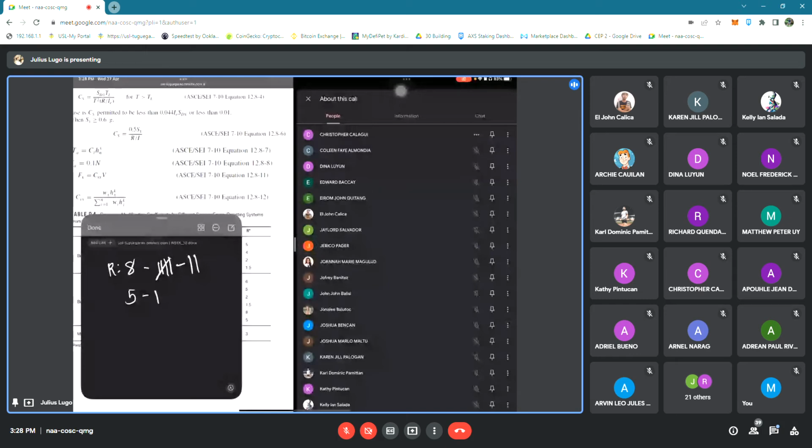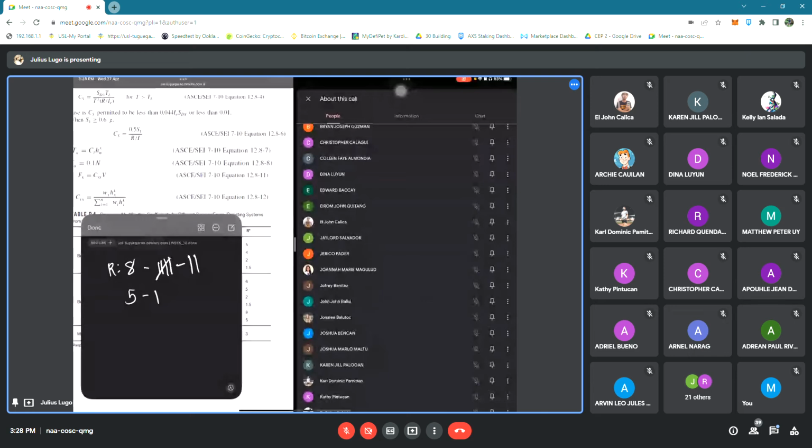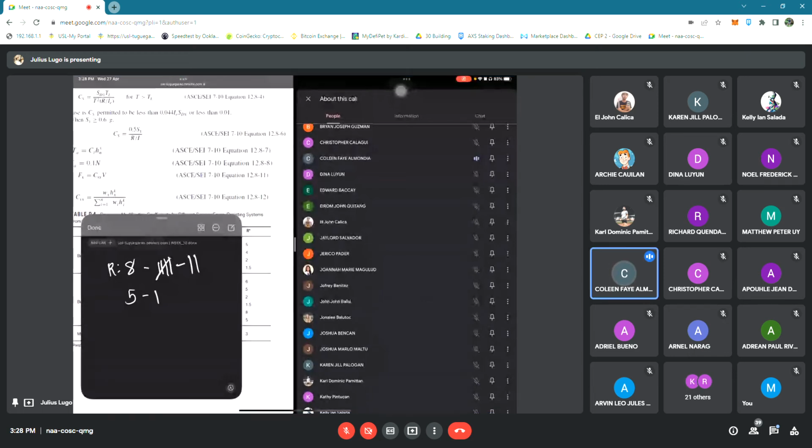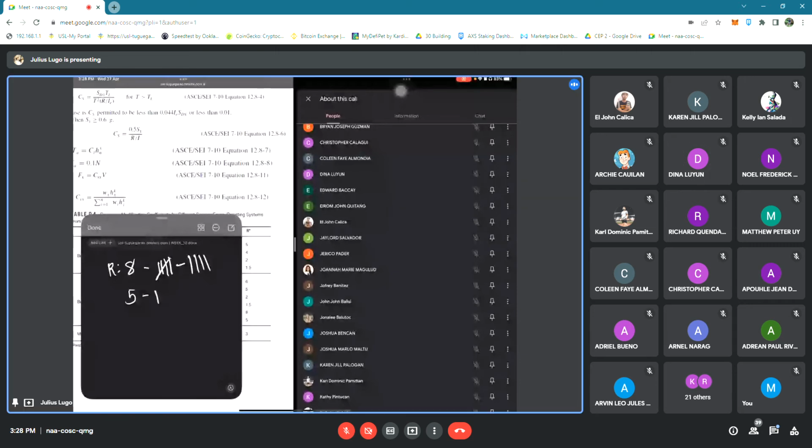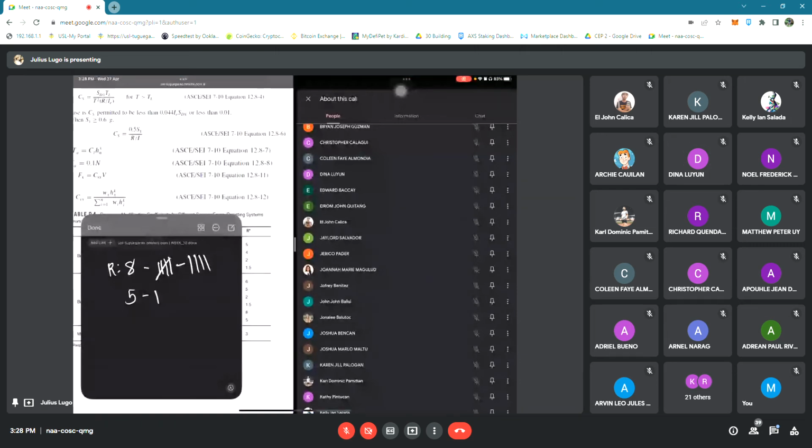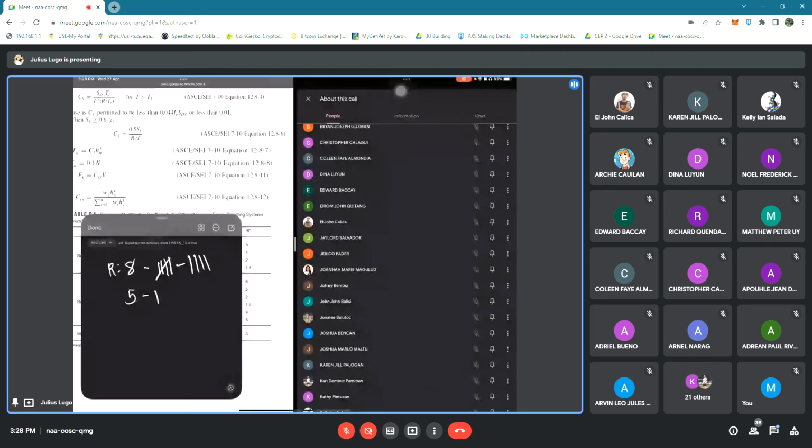Colleen Almondia. Sir, yung 8 po, yung reinforced concrete frame po. Sir, yung 8 po. Yung 8 din po, sir. Oh, 10 to. Oh, explain nyo na kung bakit 8.